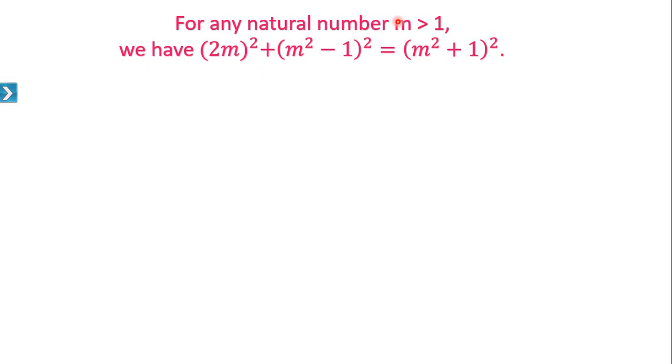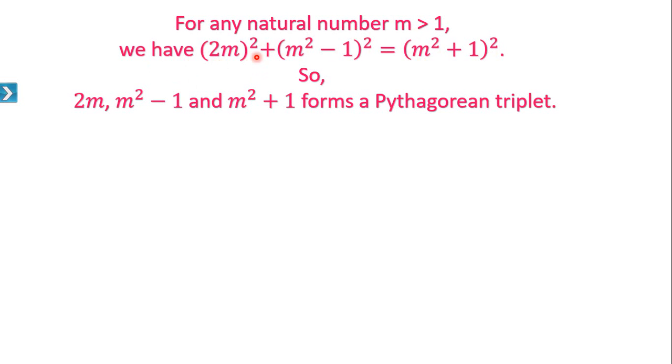Therefore, 2m, m square minus 1 and m square plus 1 form a Pythagorean triplet.